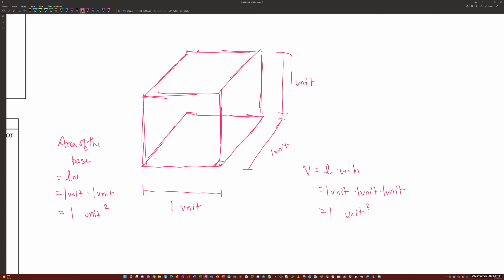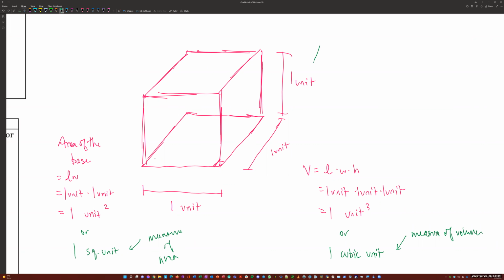So people say 1 square unit, or they'll say 1 cubic unit. This is really what's referred to as a measure of volume. This is a measure of area.